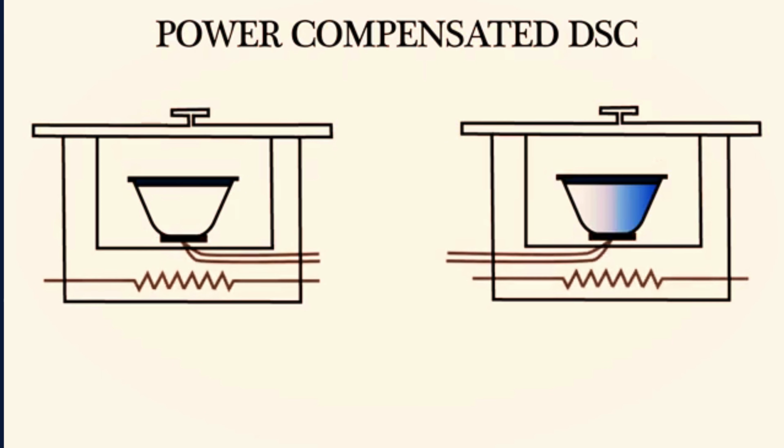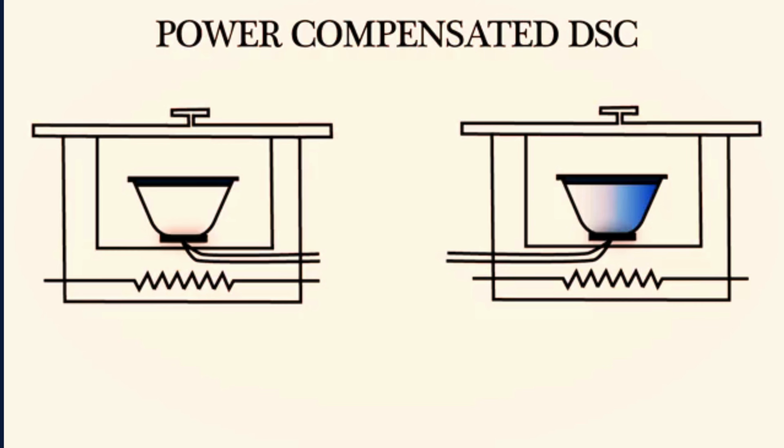Power compensation DSC. In power compensation, separate heaters independently maintain the sample and reference at identical temperatures. The difference in electrical power required is directly proportional to the heat flow.